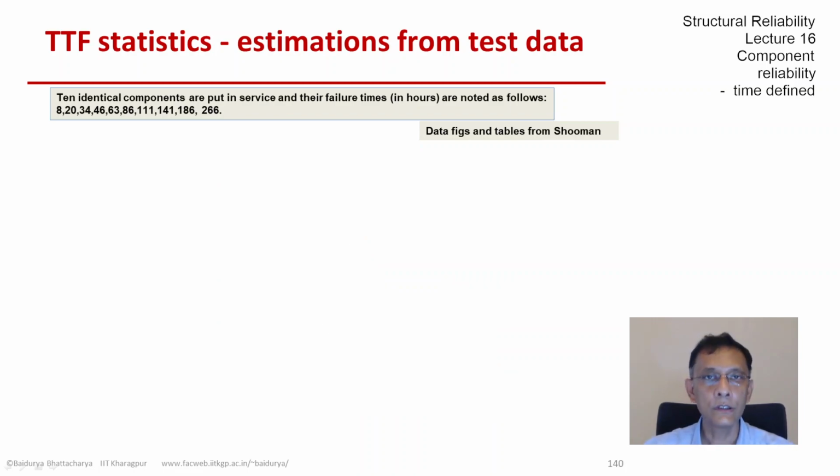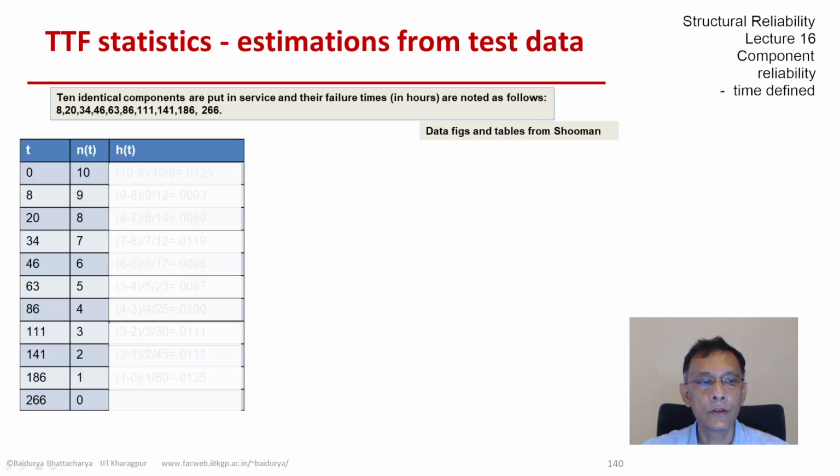The last function we estimate from this data set is the hazard function. So let's put the table on the screen first. So we have the observed times to failure, the number of surviving elements, and then we are going to use the formula n(t_i) minus n(t_i+1).